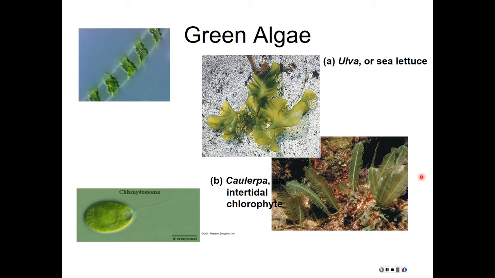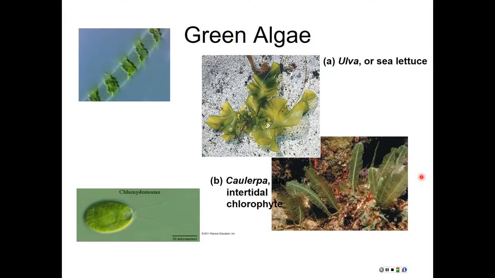Some people have actually even advocated the idea of including green algae into a more expanded plant kingdom. But there's a lot of argument on that. Maybe it would happen. I don't know. But right now, they are definitely not considered plants.